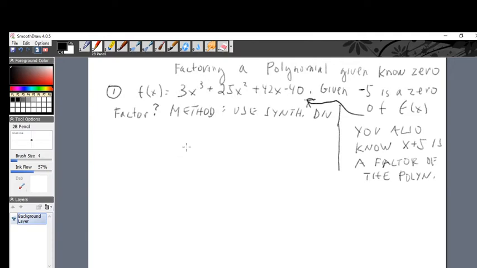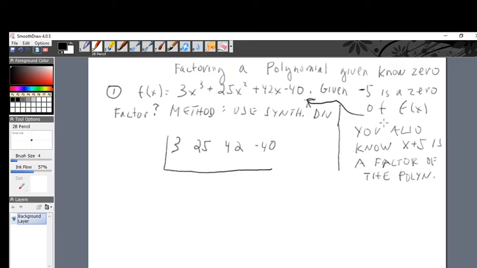We bring down the 3, the 25, the 42, so it's 3, 2, 1, nothing missing, and the negative 40. We do the L, and we know that negative 5 is a zero.